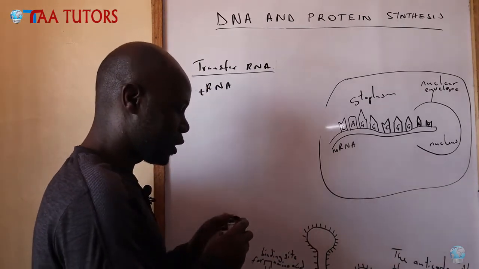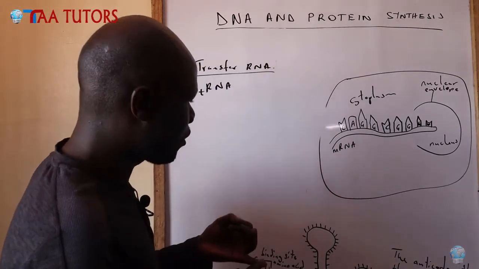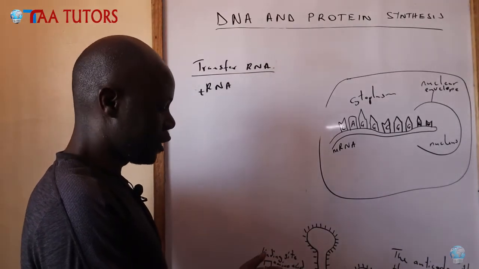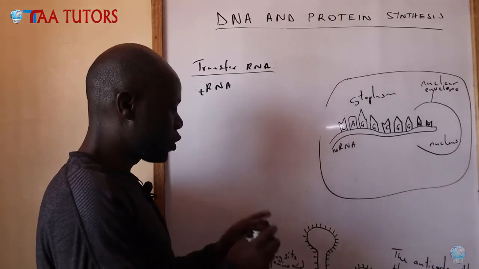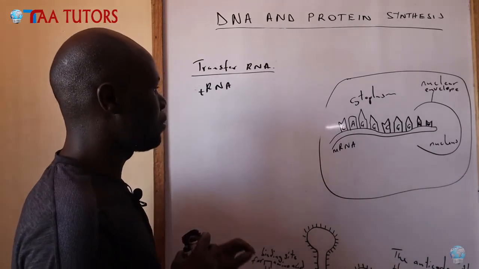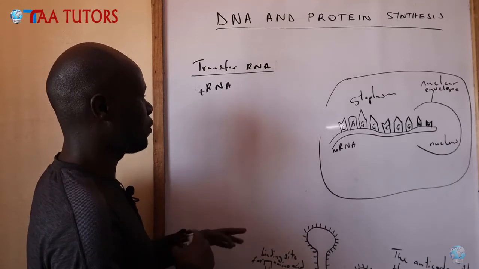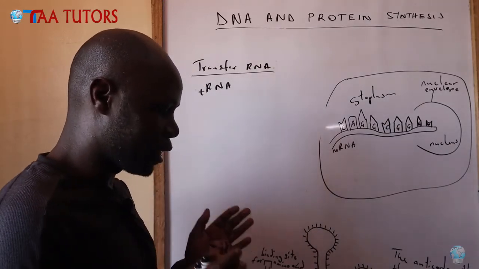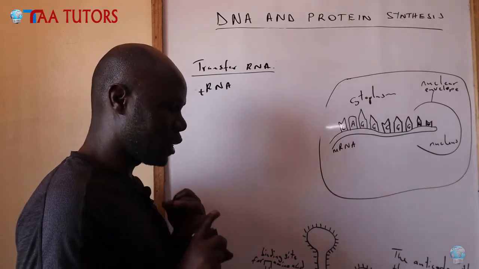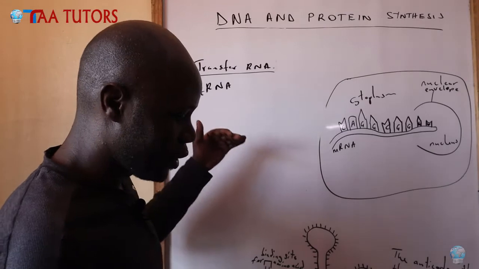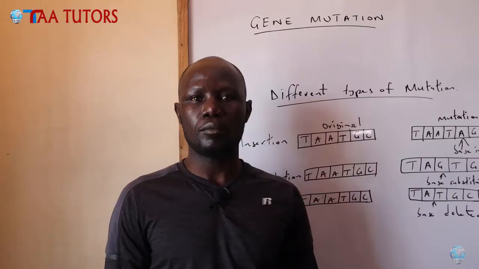After bringing them together, it enables the ribosomal RNA to join the amino acids together, so that we have a specific long chain that gives us the specific protein that we want. So that is how protein synthesis is taking place.